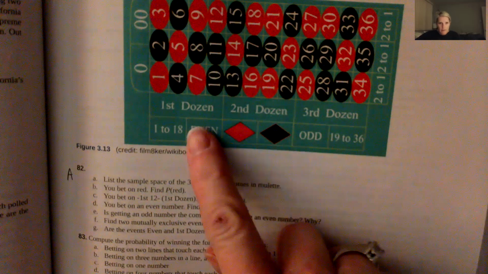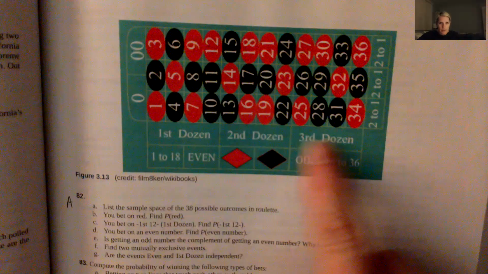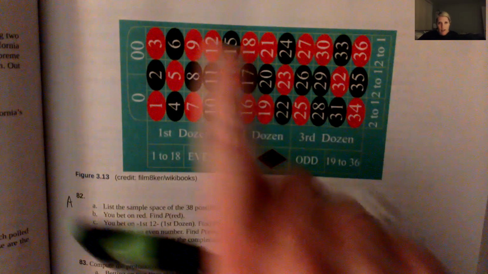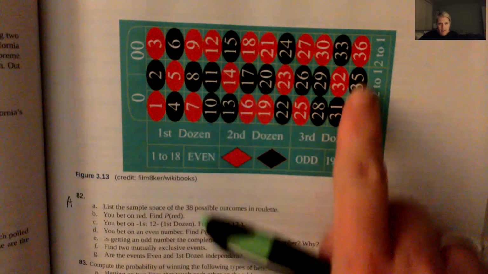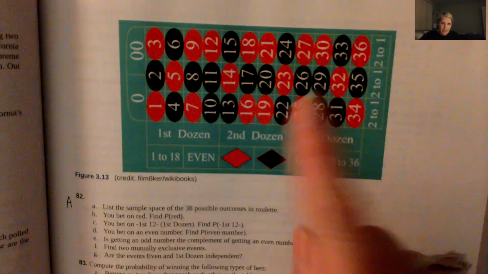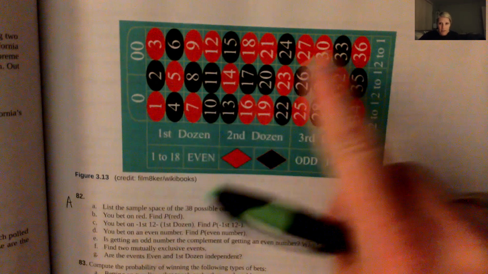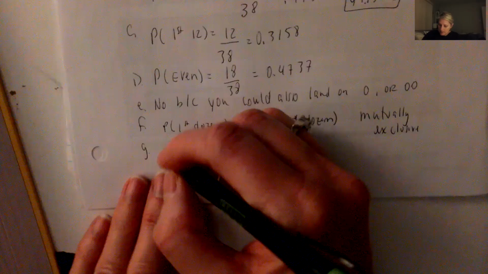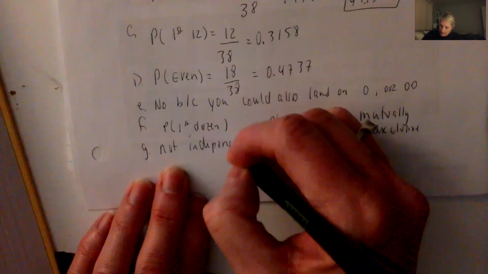If I get an even, so if I get 2, 4, 6, does it change my possibility of getting in the first dozen? Yes, it does, because if I get an even, I might not necessarily get in the first dozen, right? Because there's lots of evens that are down here. So they're definitely dependent. So they're not independent, is what we're going to say.